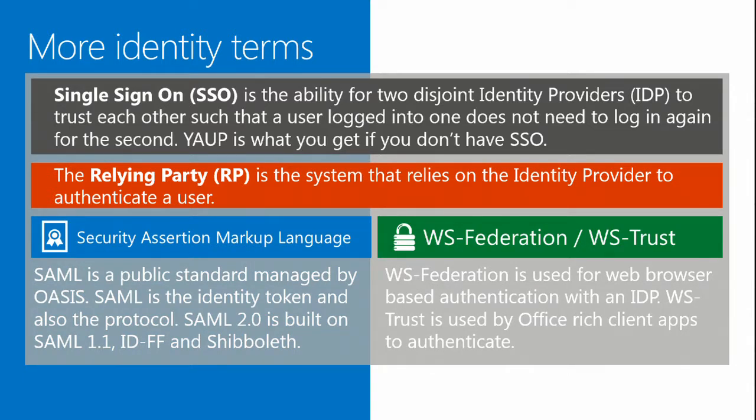So it tends to be considered the native Microsoft protocols. And WS-Fed is different to the SAML protocol, but it in fact uses SAML tokens that go between the identity provider, which in an Active Directory environment is the ADFS server, and the relying party, which you would think of as Office 365.